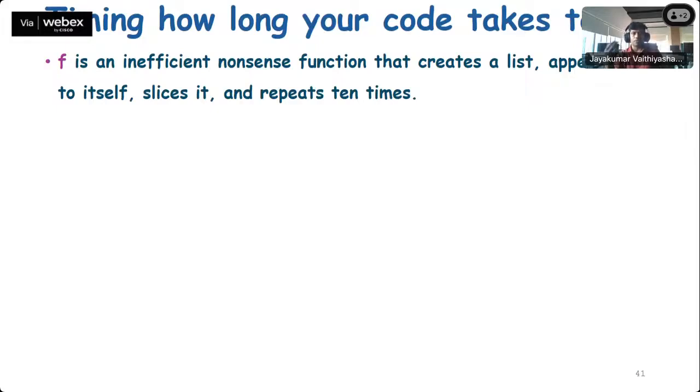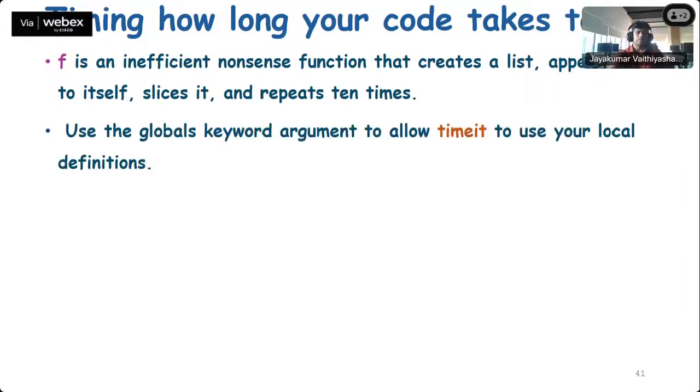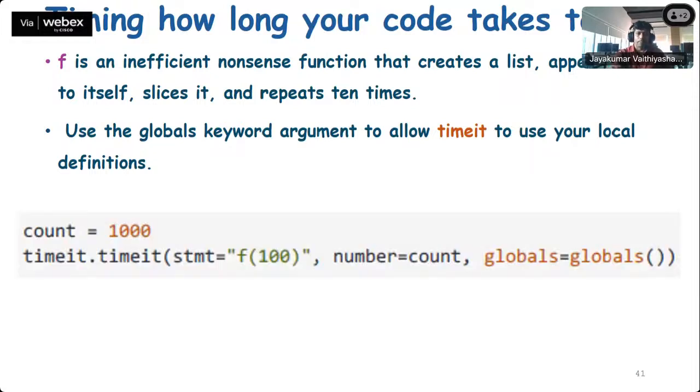Sometimes it will append, sometimes it will slice, and it will repeat 10 times. And we need to use the global keyword to allow timeit to use your local definition. Take an example of count equal to 1000, timeit statement f of 10, and do it for the number of count, whatever number you are giving, it will do 1000 times, and it will do the global call.